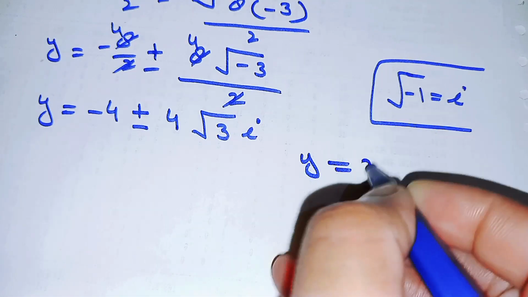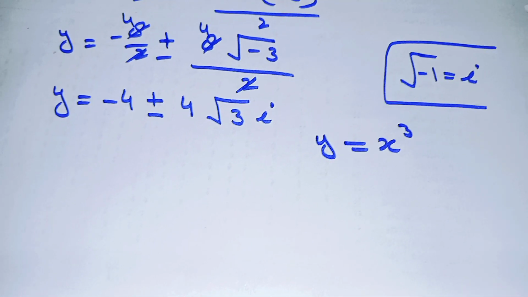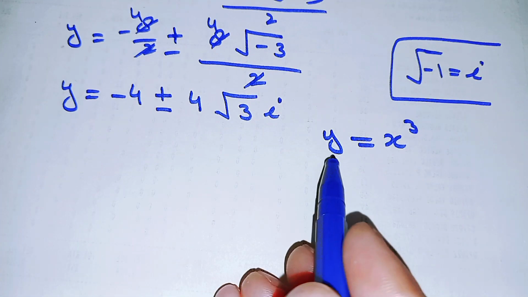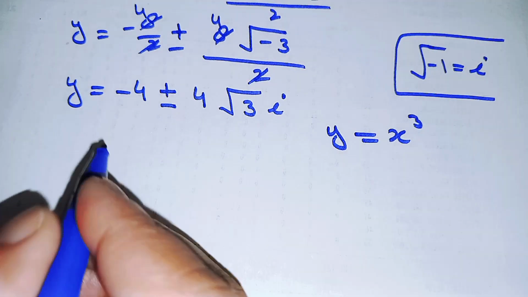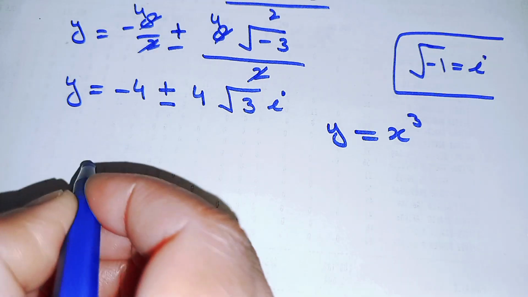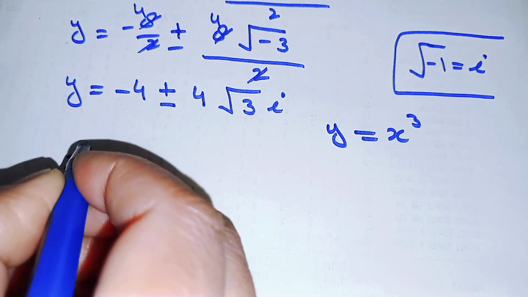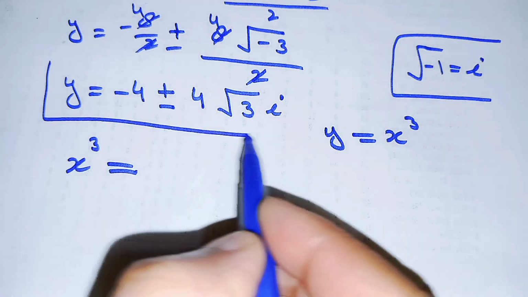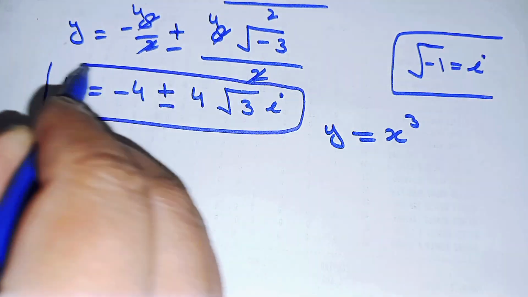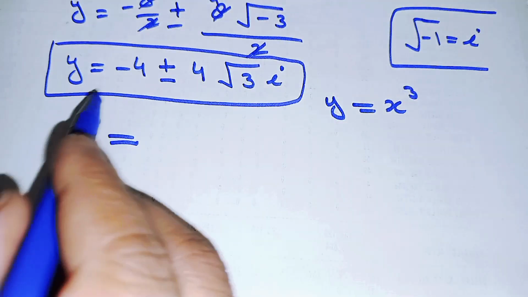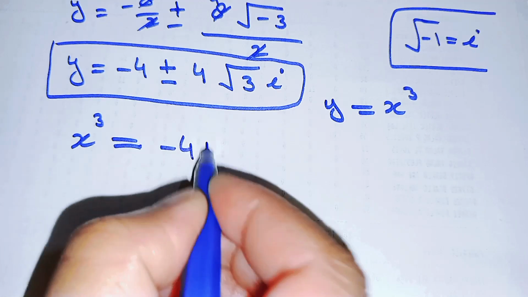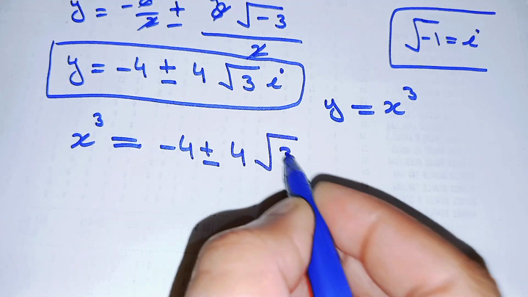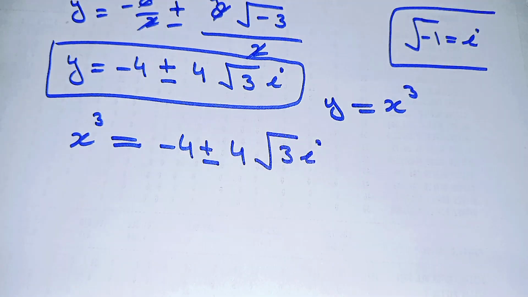Y is equal to x cube, and now this x cube is equal to this y, the value is here, so we put here minus 4 plus minus 4 square root of 3 i.